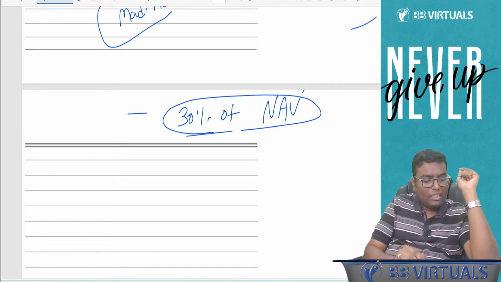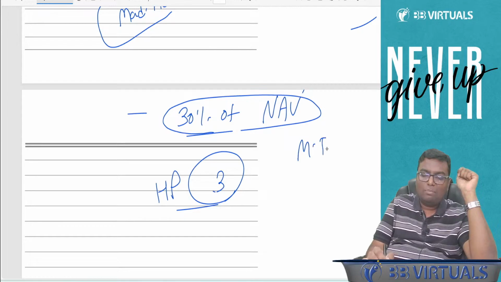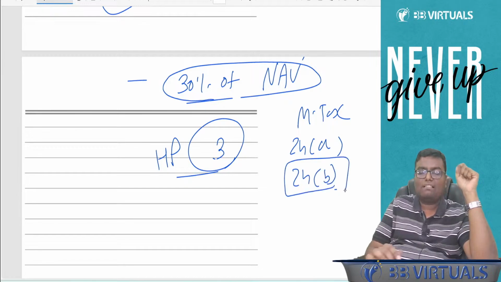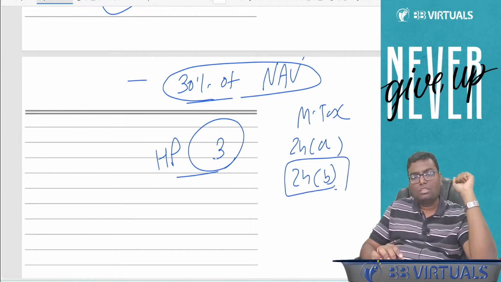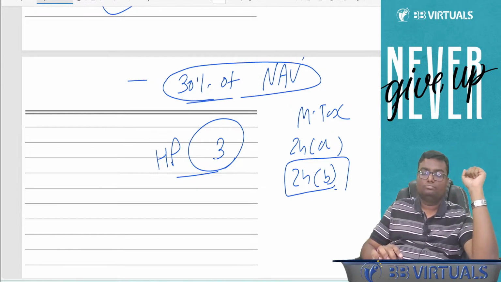So please remember, in house property, you will get only three deductions: one, municipal tax; two, 24 clause A, 30% of NAV; and last, 24 clause B, interest on borrowed capital. Apart from this, any other expenditure is never allowed.